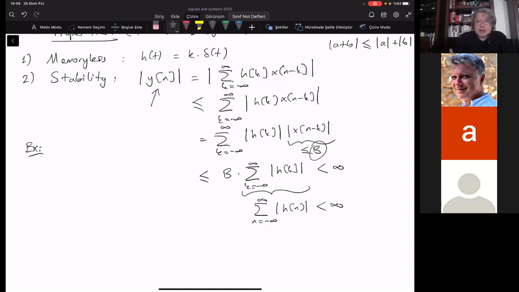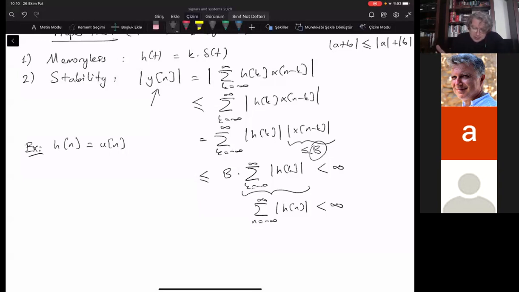An immediate counterexample is the following: h of n is equal to u of n, the unit step signal. So the impulse produces a unit step signal. Is this system stable? We already know that it's not stable, because it is accumulating. When you convolve with u of n, it makes a summation from minus infinity up to the time instance, and that is an indefinite summation.